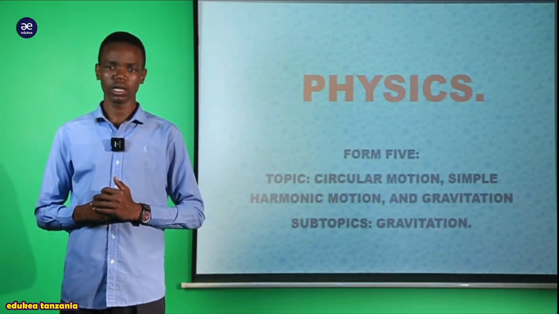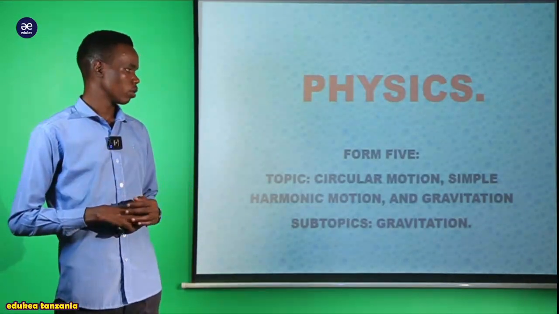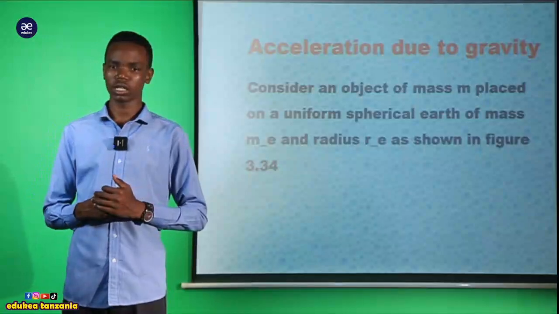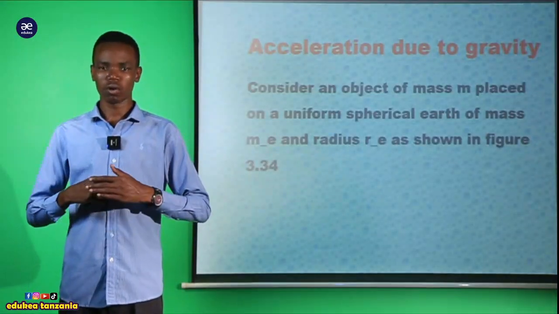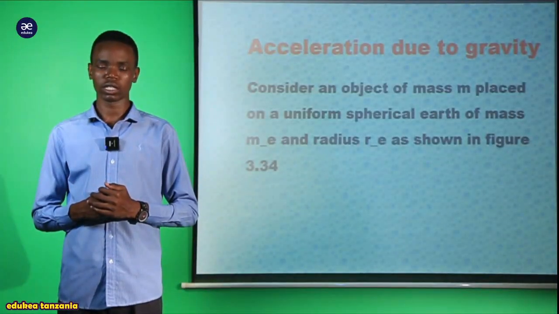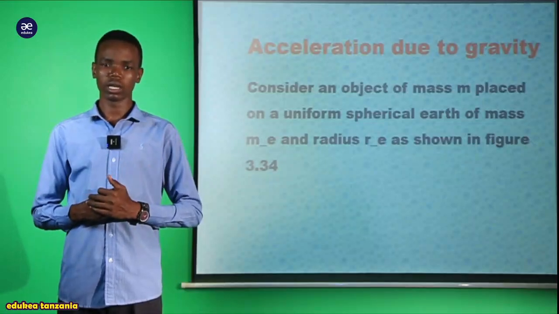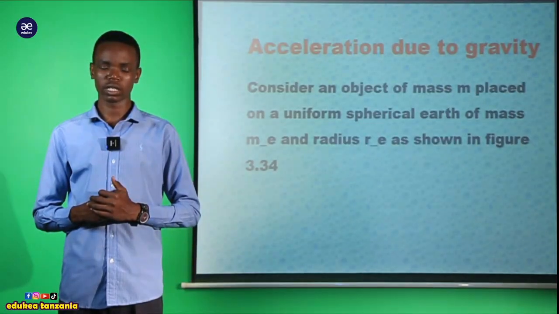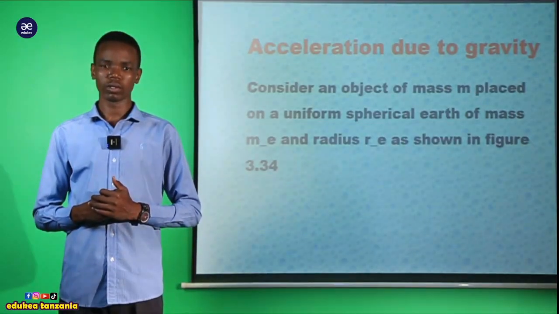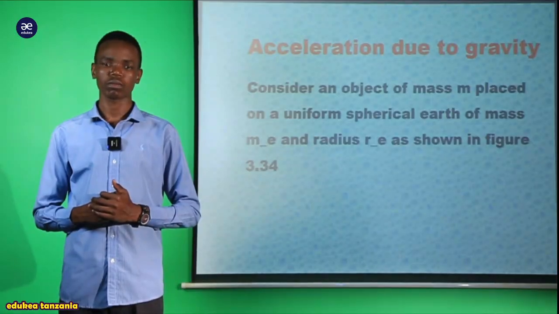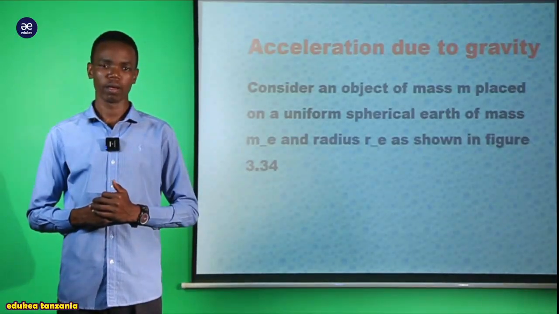So, my dear student, today we will look at the acceleration due to gravity. How can we define the acceleration due to gravity? How can we derive the formula of the acceleration due to gravity related to the gravitational force or the gravitational pull?